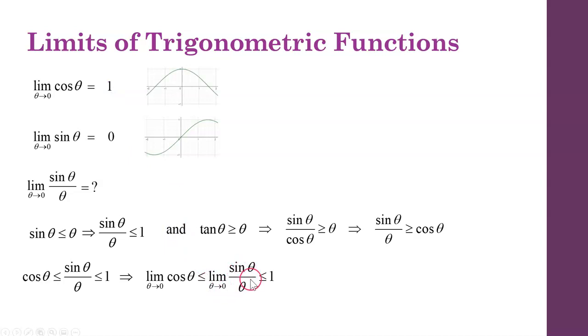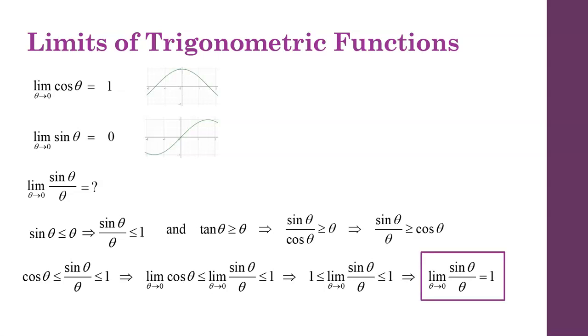So sine of theta over theta is both less than or equal to 1 and greater than or equal to 1. And the squeeze theorem says if that's the situation I have, then it has to equal 1. And again, that is a limit that we're going to refer to later on in future sections. Let's look at a couple other examples.